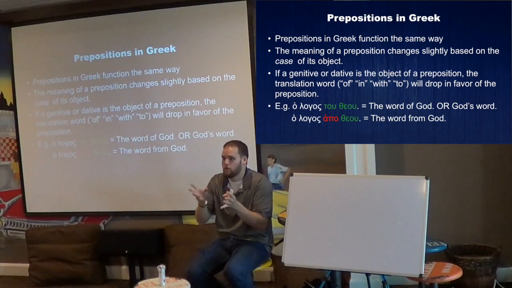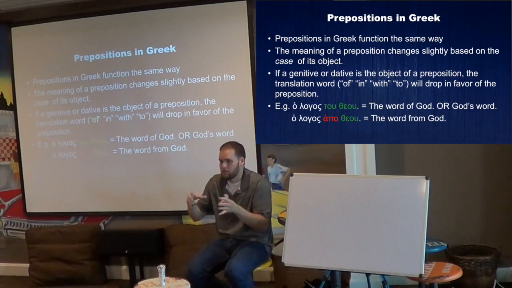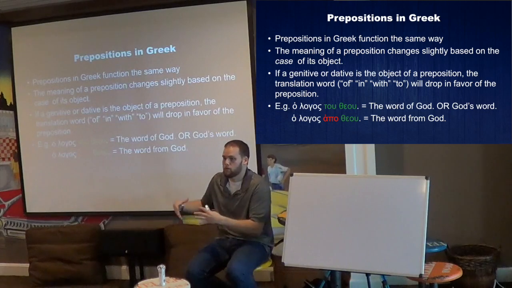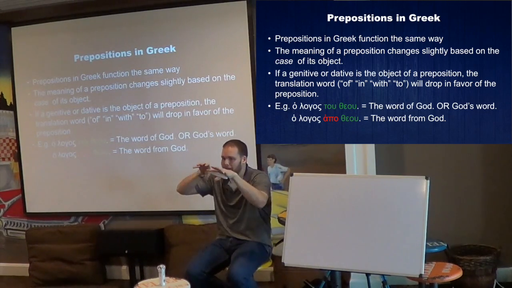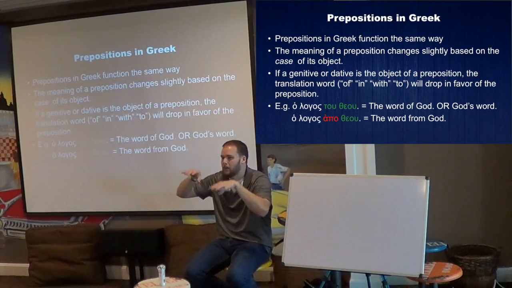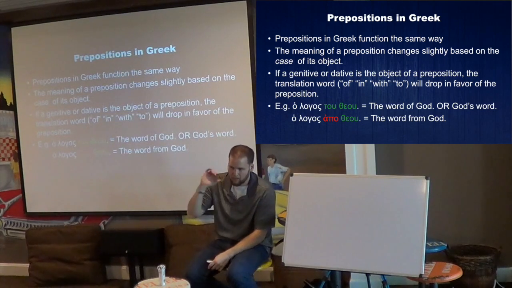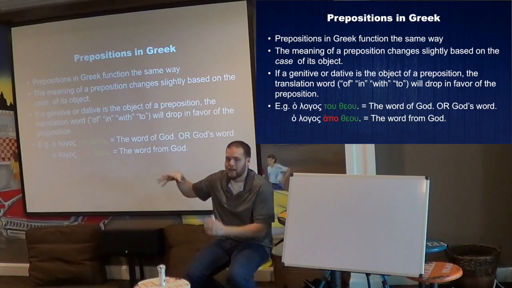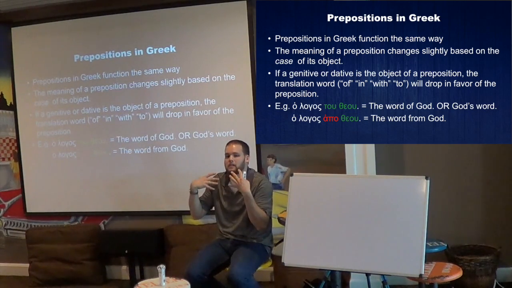It can be with a genitive or in a dative or from a genitive or an accusative. So you put all these together and the meaning will change slightly. So when you're memorizing your vocabulary, you have to remember 2, sometimes 3 different definitions based on what the noun it's being used with is.